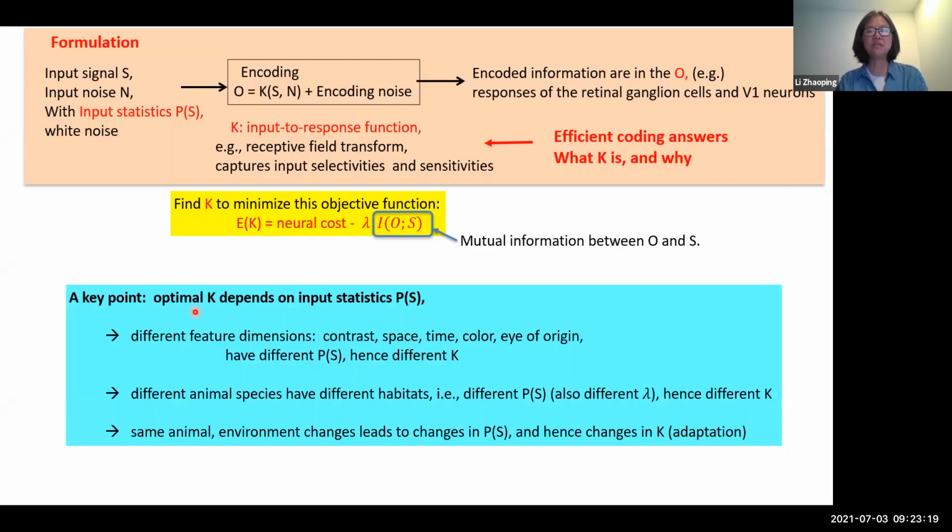In fact, because of these key points, that makes this theory very predictive. That means it has predictive power, because one thing I like to use this theory for is to understand the existing receptive fields. Understanding is very satisfying as a student, as a researcher. Now I understand the past data.